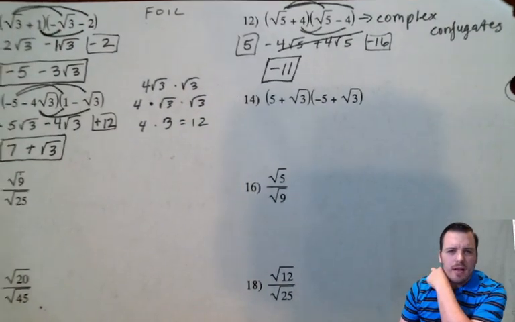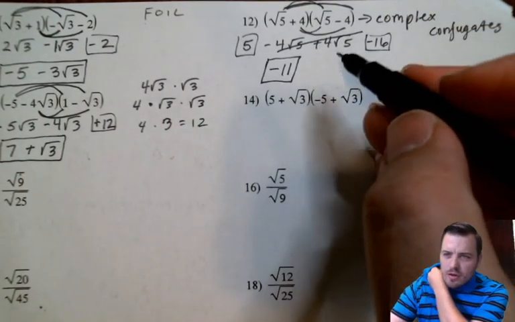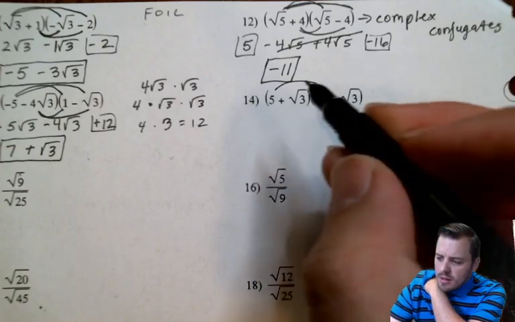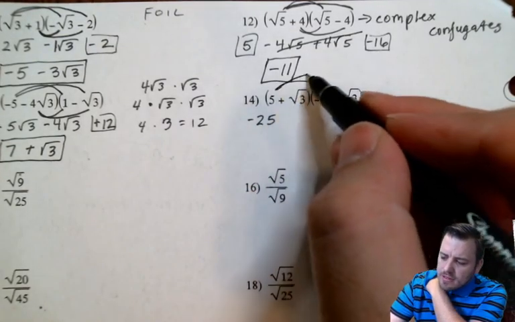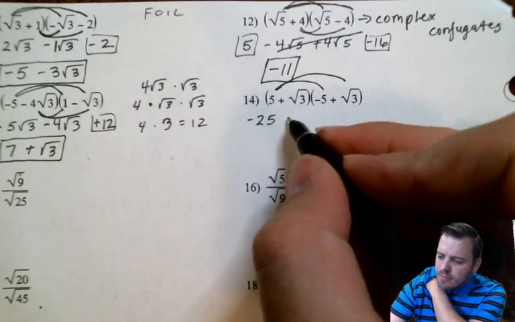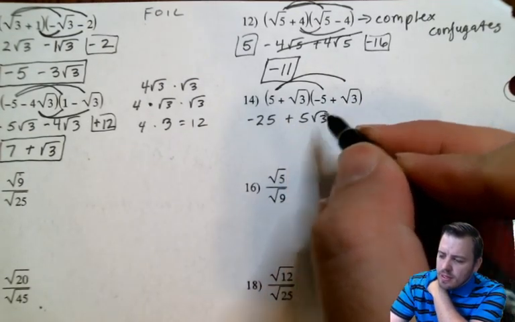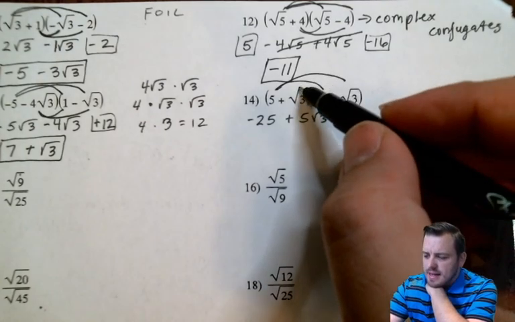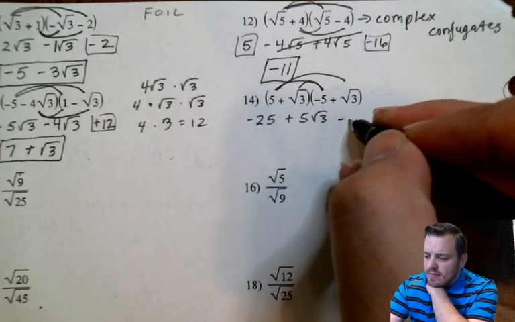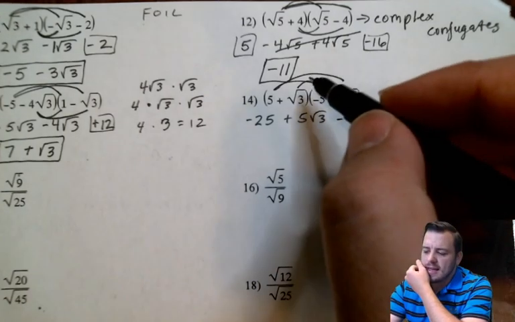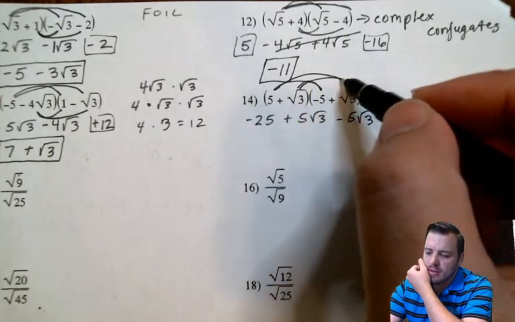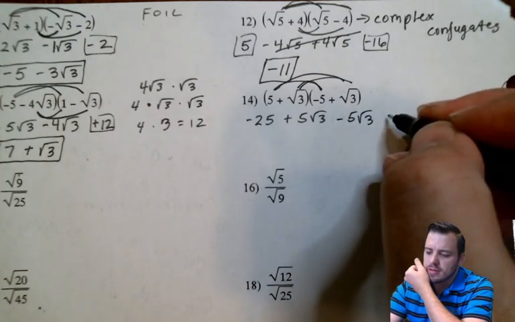All right, going to the last FOIL one. So we want to go first. 5 times negative 5 is negative 25. Go outside. That would be plus 5 radical 3. Go inside. That would be negative 5 radical 3. And go last. That would simply be plus 3.